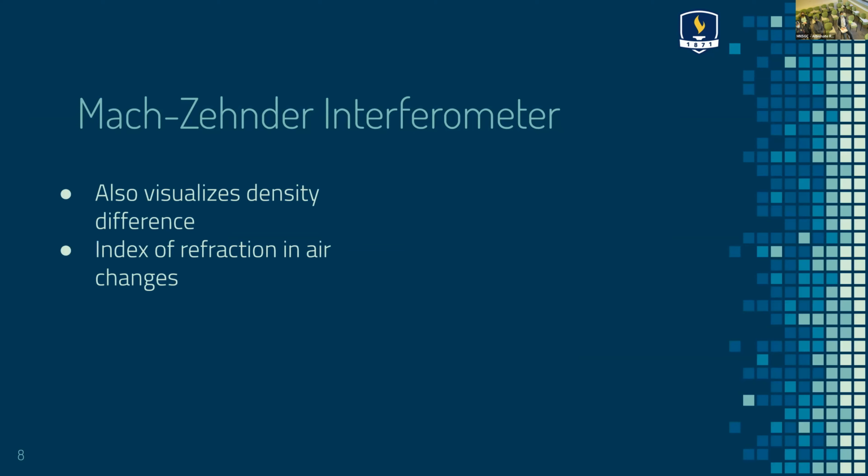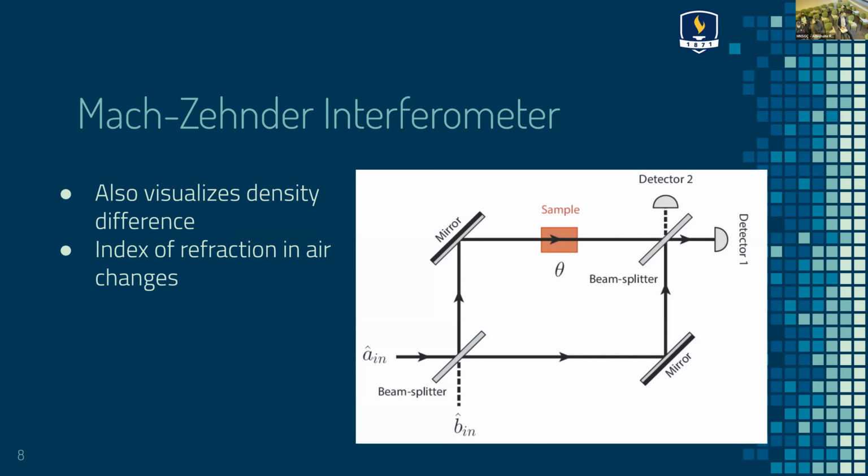The second optical technique we used was called Mach-Zehnder interferometry. This is a technique that also utilizes variable density in order to image things. But in this case, rather than having it all be in line and dealing with focus and a knife edge, we have a laser beam that we separate into two paths.